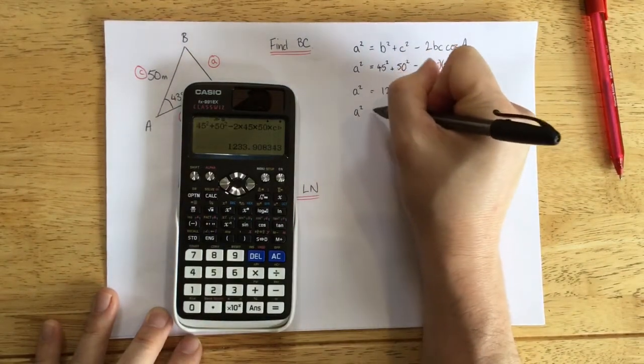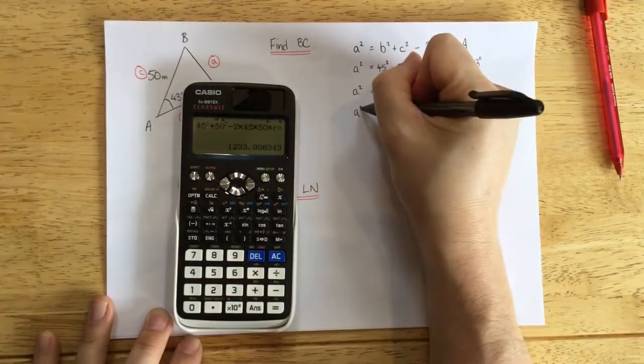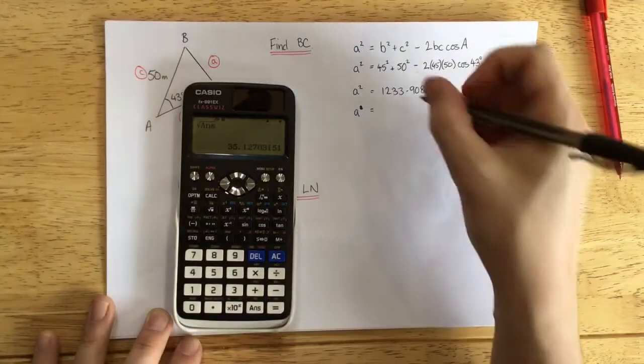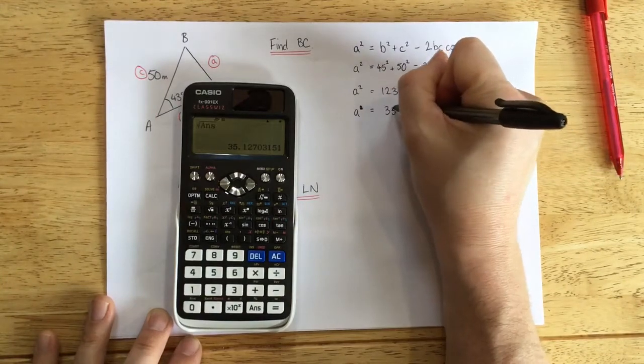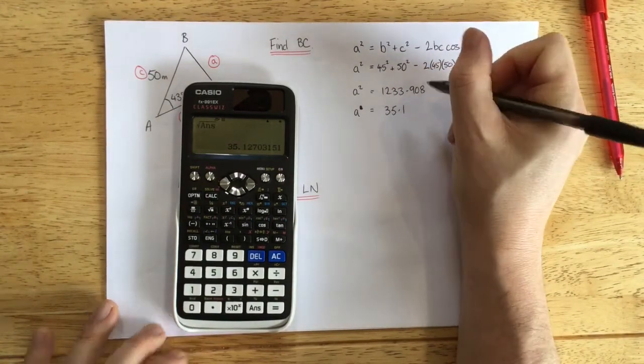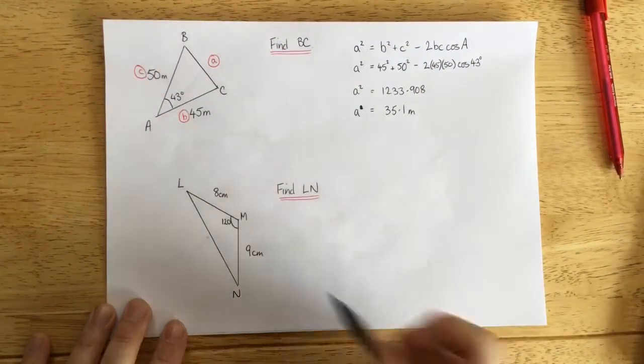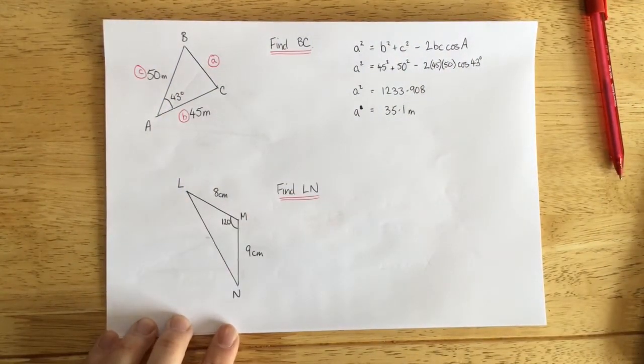To find a then, just like in Pythagoras' theorem, we simply find the square root of that, and the square root of that is 35.1. And our units here, we're talking meters. So we've found a missing side using the cosine rule.